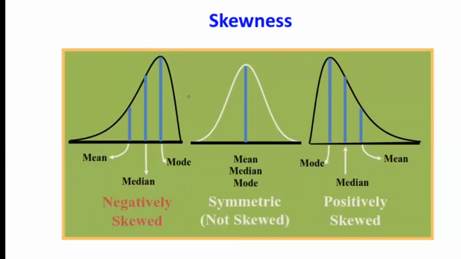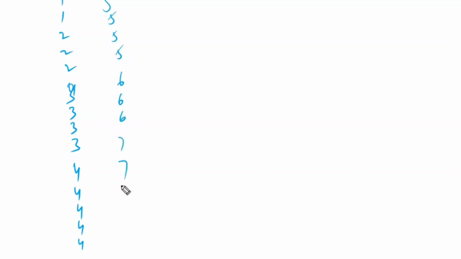Next. From this, we can conclude that for a symmetrical distribution, the mean, median and mode will be the same. For example, let us take data like this: 1, 1, 2, 2, 2, 4, 3, 3, 3, 3, 4, 4, 4, 4, 4, 5, 5, 5, 5, 6, 6, 6, 7, 7.